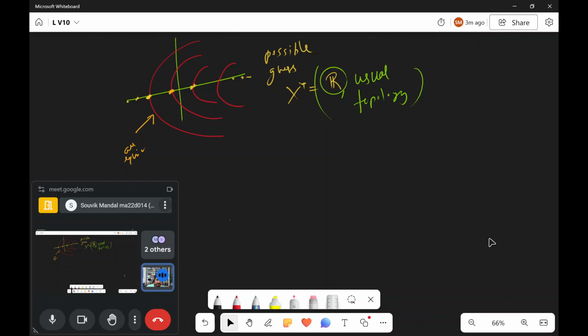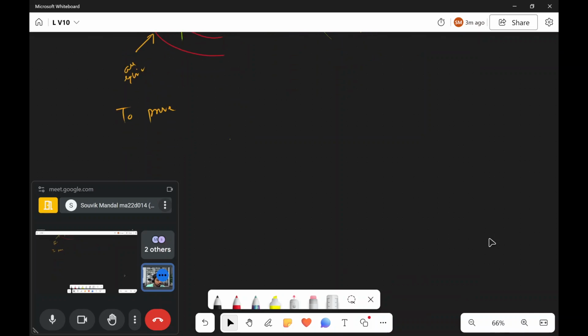Now, for the second step, you need to prove mathematically, to prove mathematically, x star equal to the real line. Now, you try to prove this.